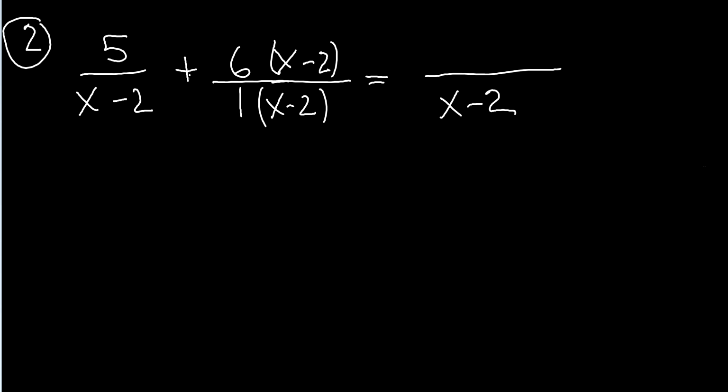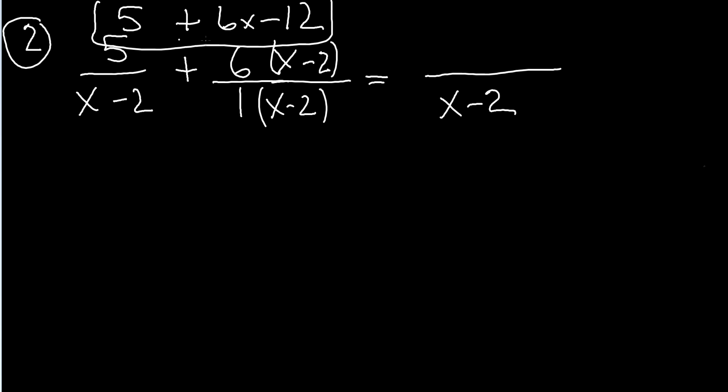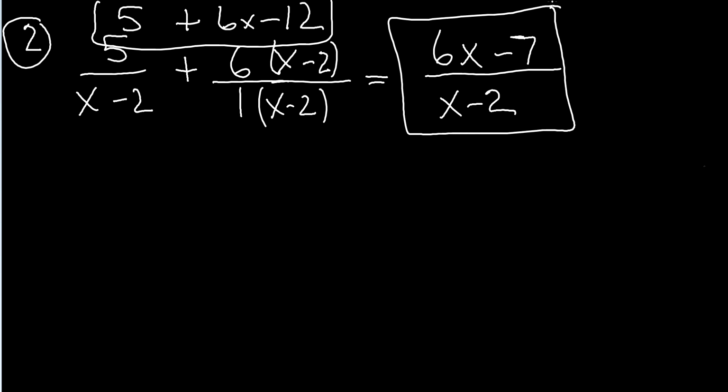And then I'll simplify the top here. This will be 5 plus 6x minus 12, doing the distributive property. So the numerator is going to be 6x, and then 5 minus 12 is negative 7. And that's all I can do with that one.